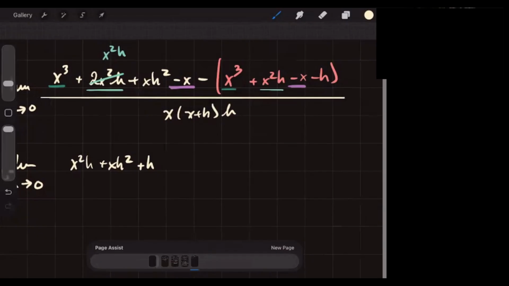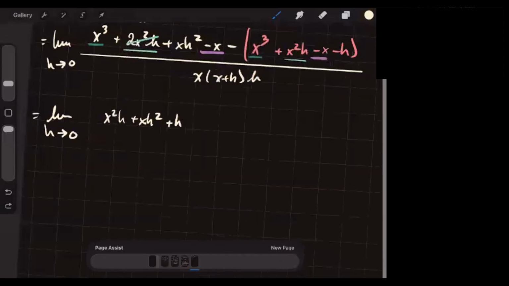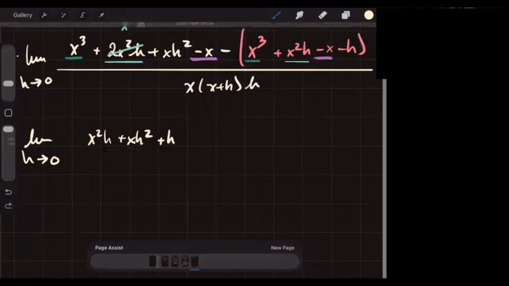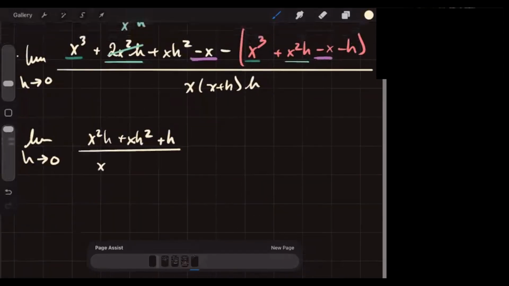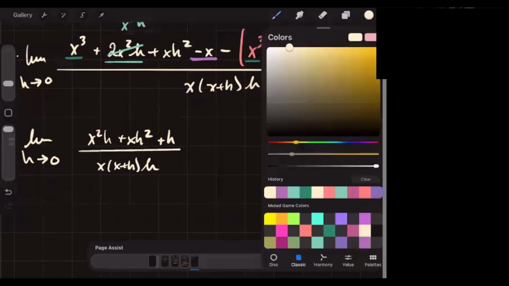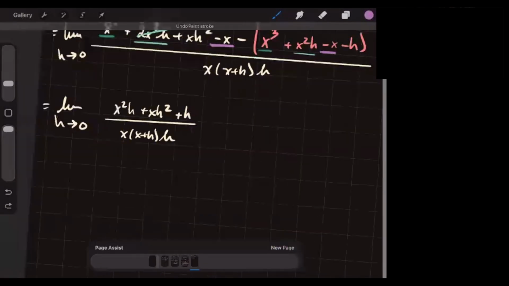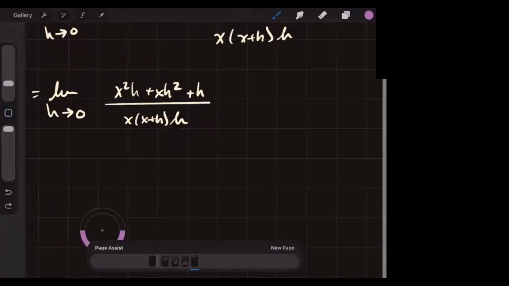So altogether, we have 1, 2, 3, 4, 5, 6, 7, 8 terms, and we bring it down to 3. Okay. And that's going to be over x plus h. At this point, what I don't want you to do is go, whoop, cancels out. Don't do that. I'm going to have you factor, like civilized humans, okay?